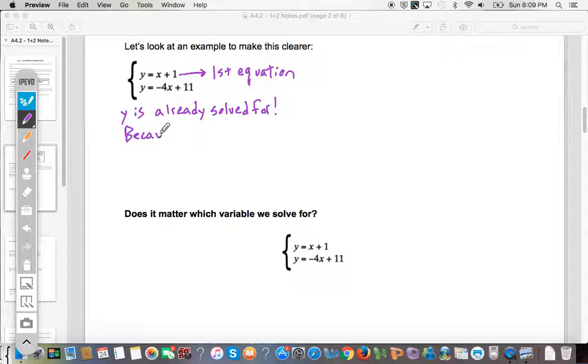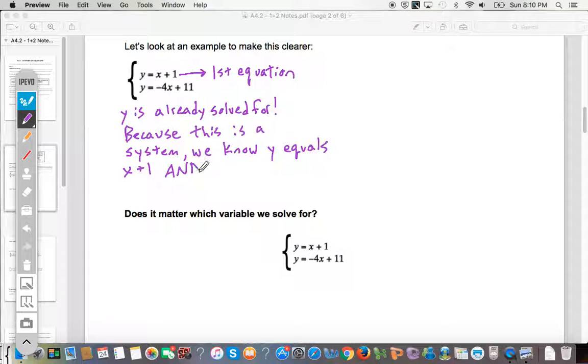Just to continue on, because this is a system, we know y equals x plus 1 from this first equation, and y equals negative 4x plus 11.